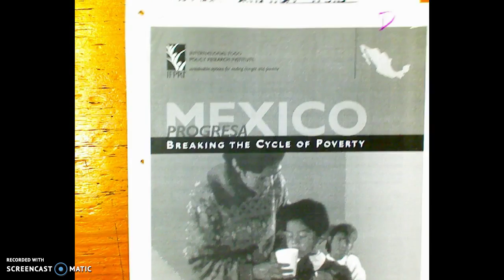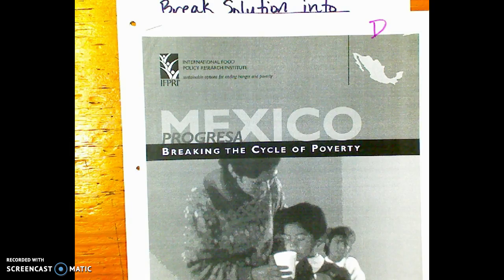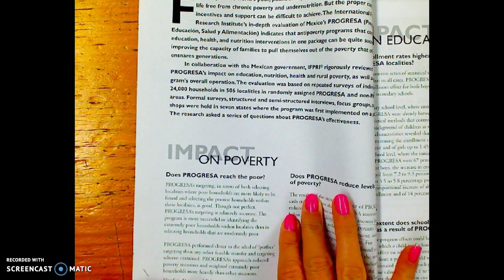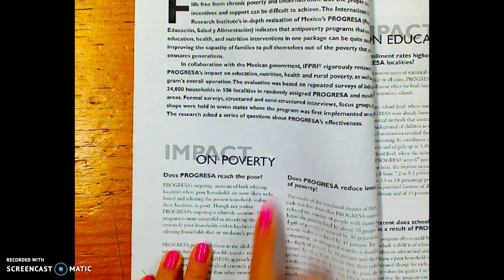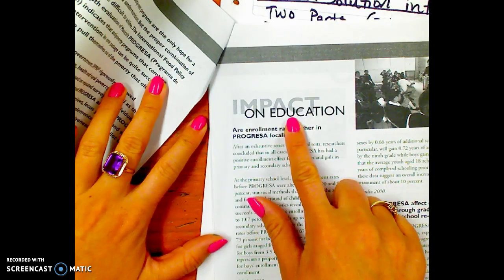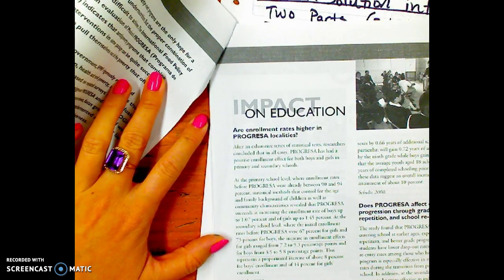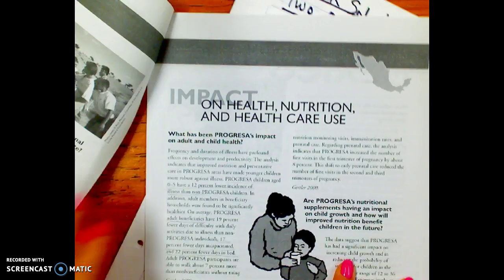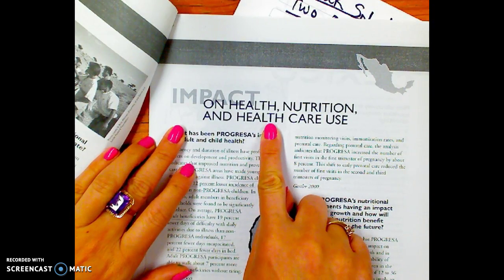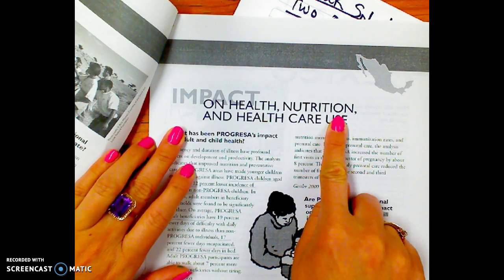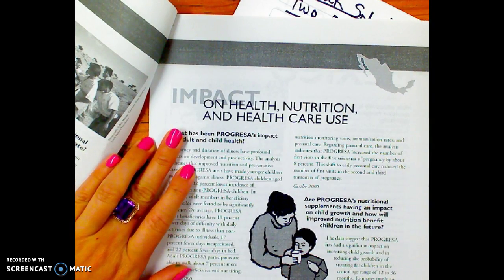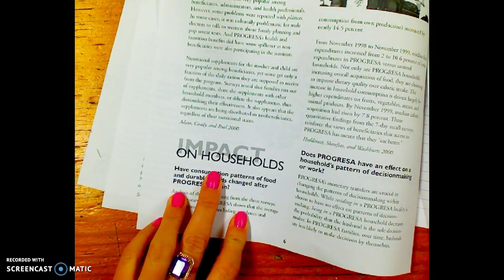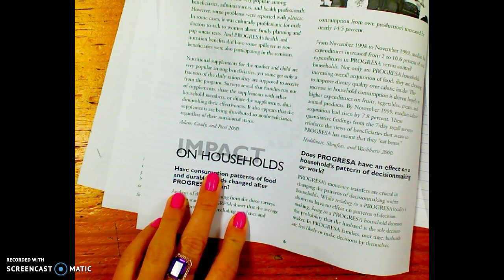I've also got this other article, and when I notice how it's organized, I see that there's general impacts on poverty, then it discusses impacts on education, then it continues to discuss impacts on healthcare, nutrition, general health, and it even goes into the impacts on the household, so more long-term impacts for families.